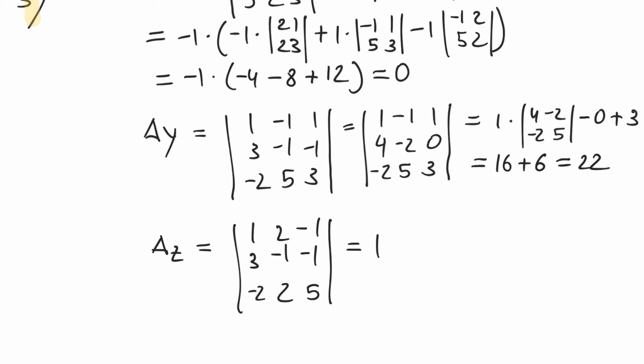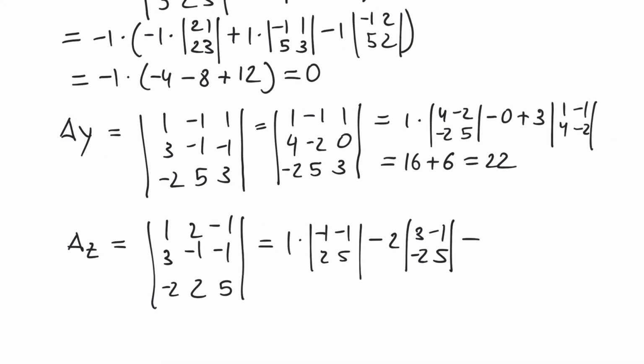So we have 1 multiplied by -1, -1, 2, and 5, minus 2 multiplied by 3, -1, -2, and 5, and plus -1 multiplied by 3, -1, -3, -1, -2, and 2. Yep, that's correct.